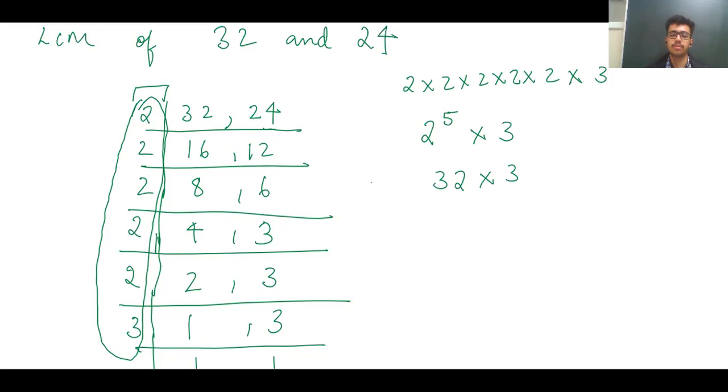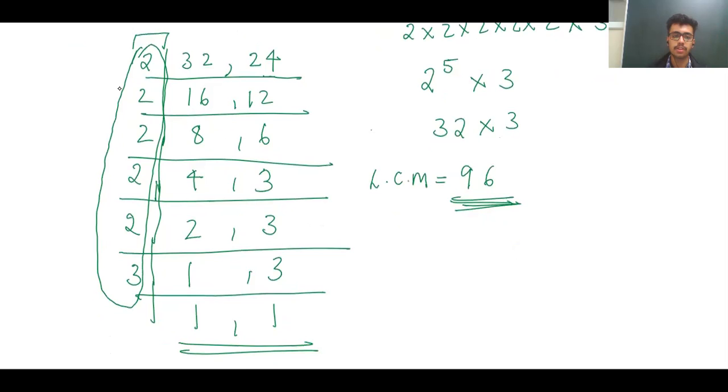This is equal to how much? 96. Yes, 96. So the LCM of 32 and 24 is equal to 96. Okay. So this is the method where you do it continuously till you get 1 and 1.